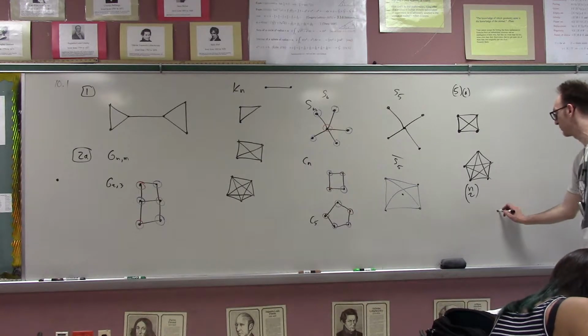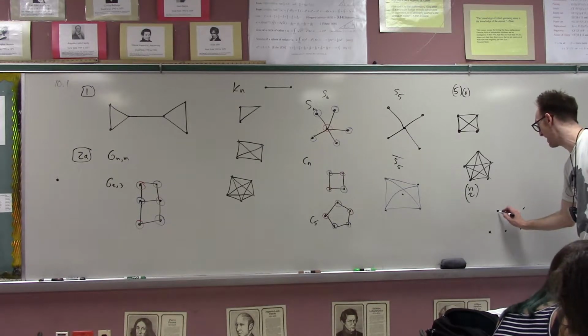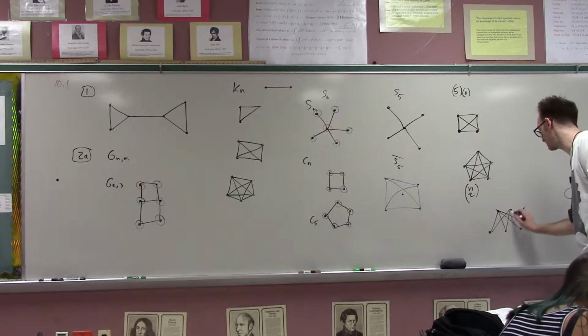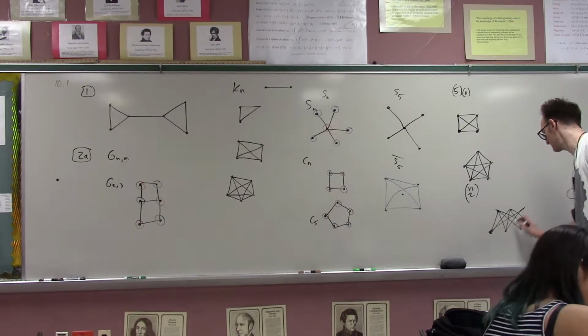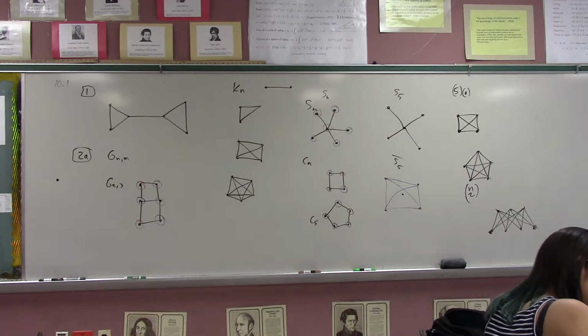Prove your result. Well, now we have Knm as the complete bipartite graph. So the bipartition here is like so, and this picture's getting a little complicated. But how many edges are there?